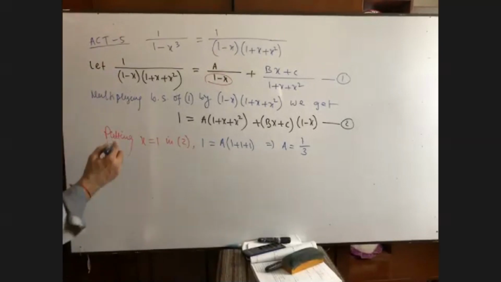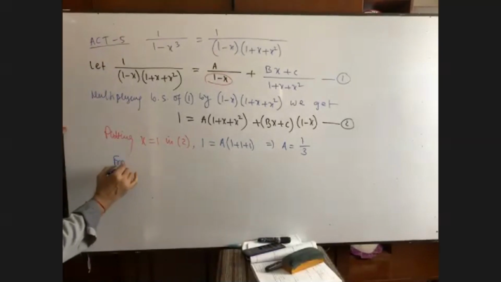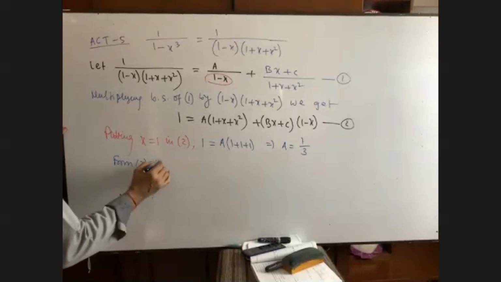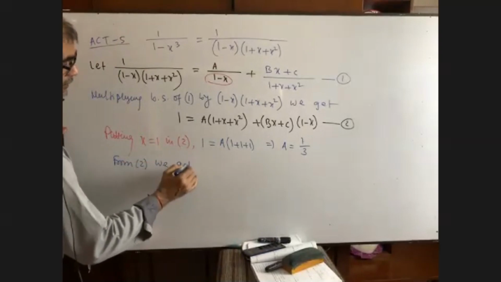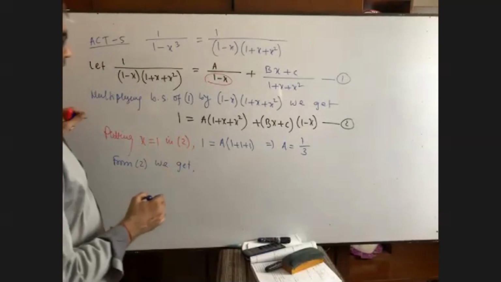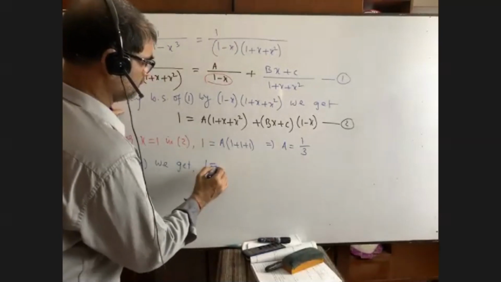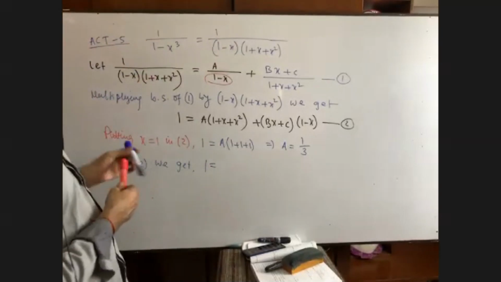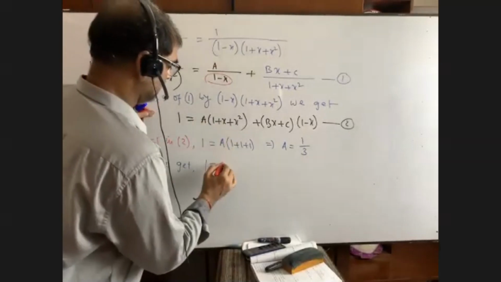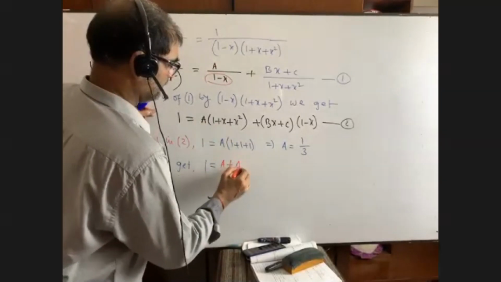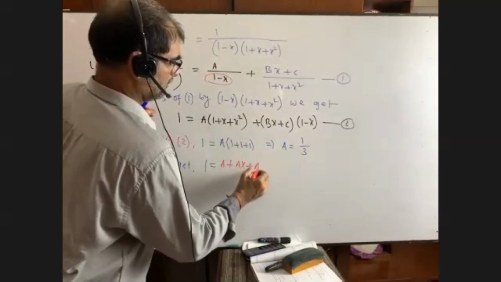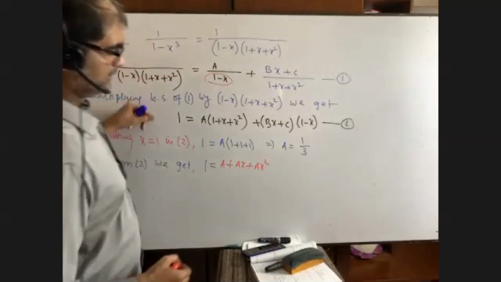From 2 we get 1 equals to a plus ax square, right?